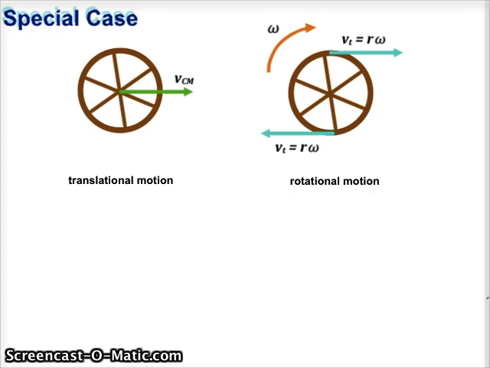Because it is rotating, it will have an omega value. And so if we look at just a couple of points on the rim, the velocity there would be tangent to the wheel, and then it would have a value of r times omega. So that v sub t represents the tangential velocity at those particular points.